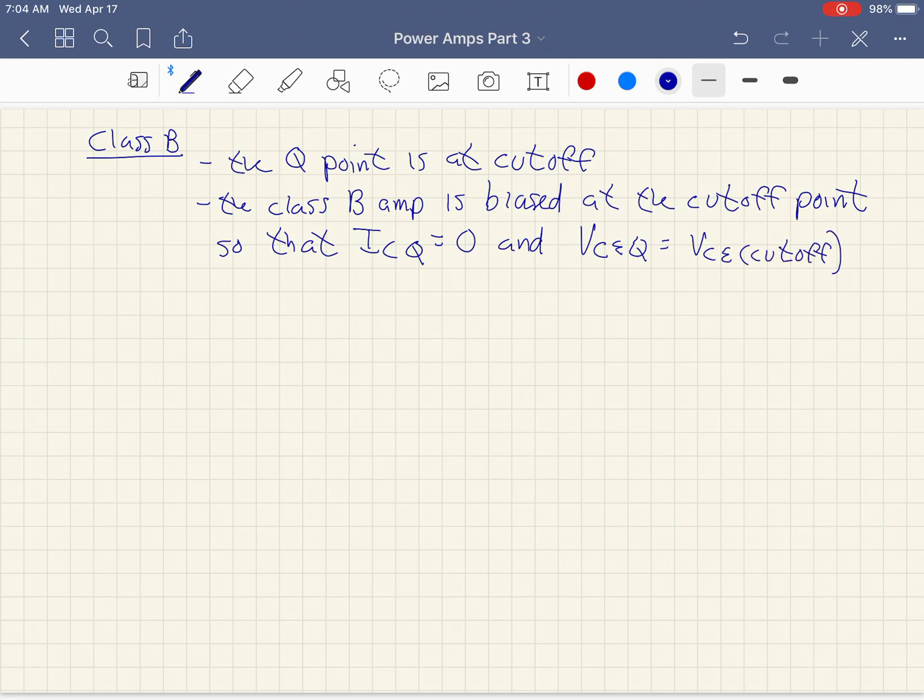Okay, if you refer back to our load line, this is our load line. If you remember, this is IC sat.